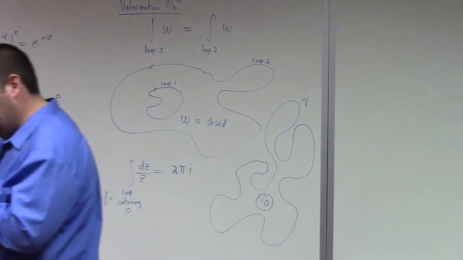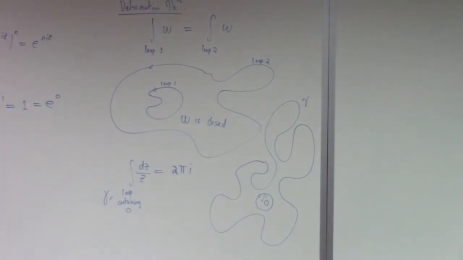Assuming that you just wrap around the origin once. If the circle wrapped around the origin twice, you get 4 pi i. If it wrapped in the clockwise direction, rather than the counterclockwise direction, you get minus 2 pi i, and so forth. All right, so that's an interesting pair of examples, I think.